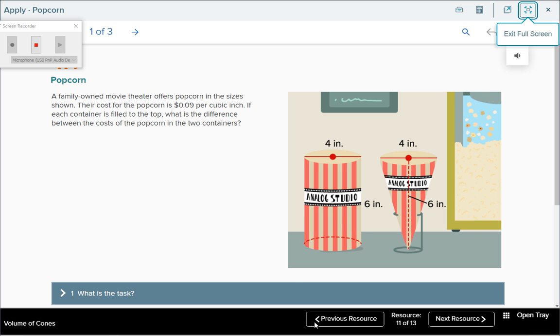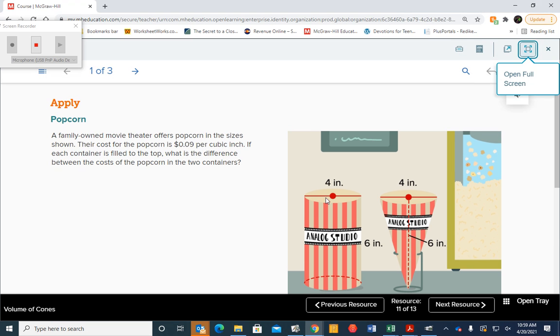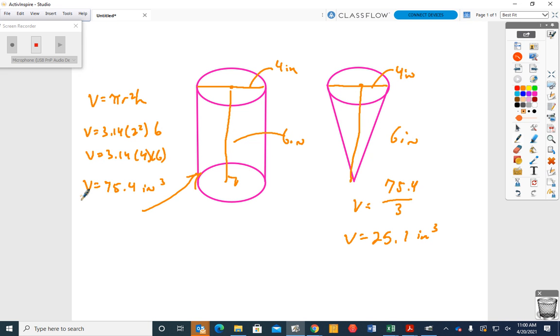This one is 75.4 cubic inches, so we're going to multiply this times 0.09. What do you get when you multiply that? 75.4 times 0.09 is 6.78, so about 6.8. The cost is about $6.80, right?